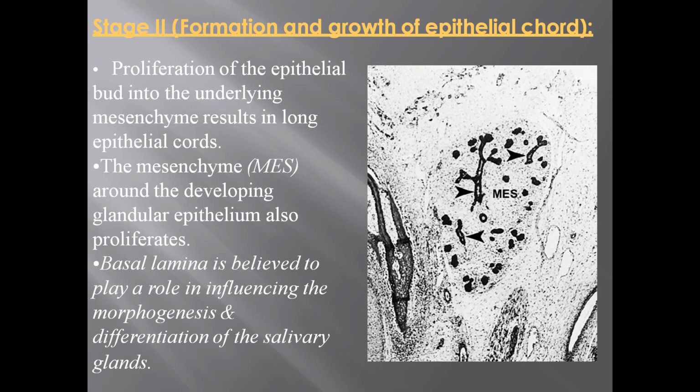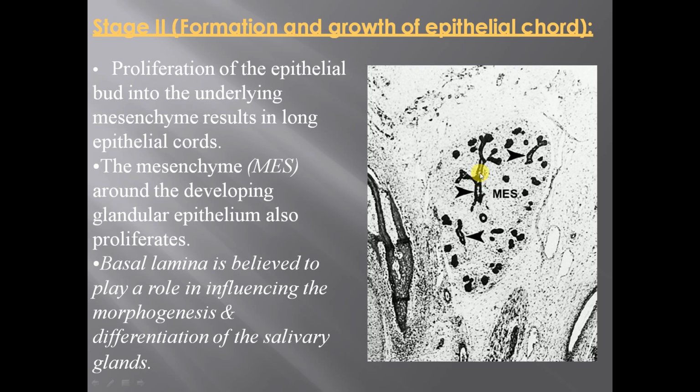Coming on to the second stage, that is the formation and the growth of the epithelial cords. In this, there is the proliferation of the epithelial bud into long subepithelial cords.